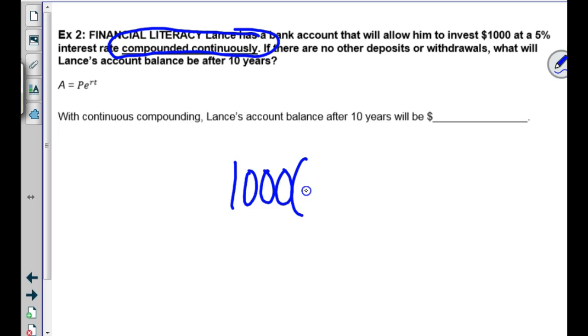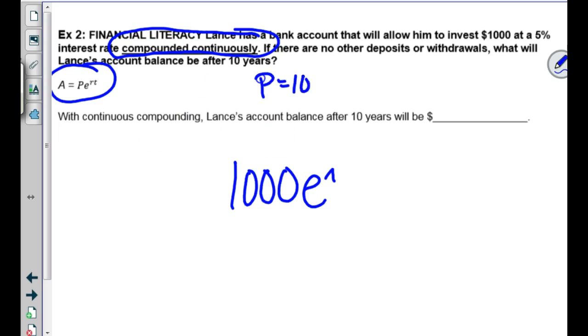Continuous interest means E, I really don't need the parenthesis, to the, yep, okay, so P is 1,000, R is 0.05, and T is 10 years.